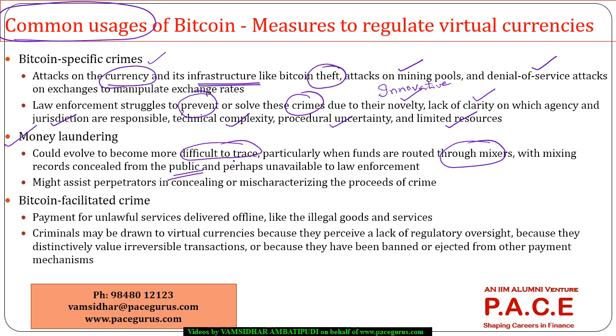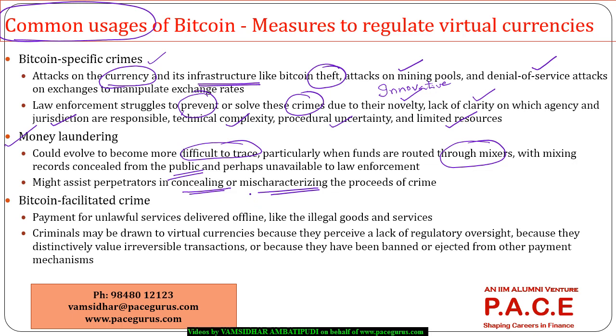Because of which the virtual currencies can play a very, very major role in money laundering activities going through Hawala and various other routes, and might assist the perpetrators in concealing and mischaracterizing the proceeds of crime.